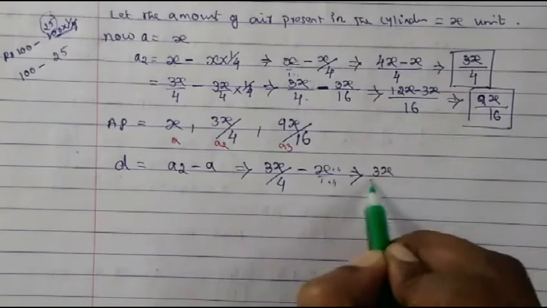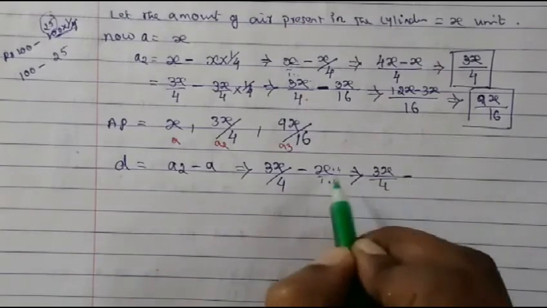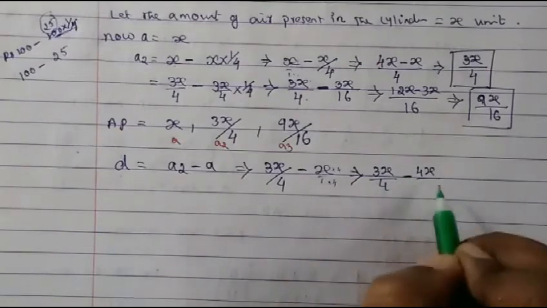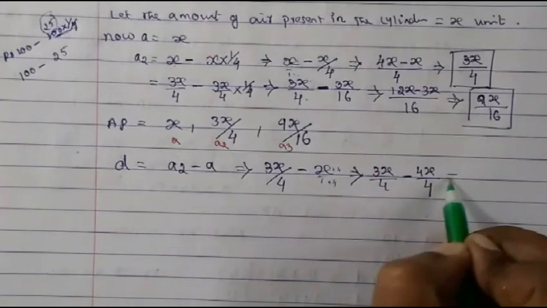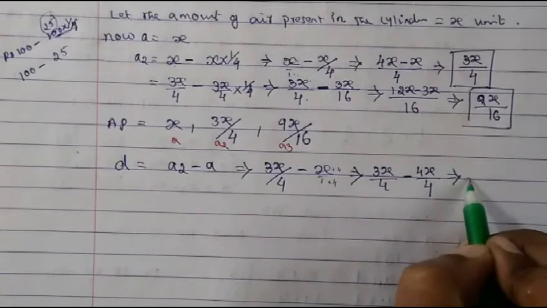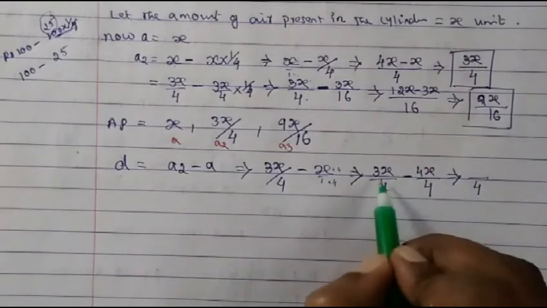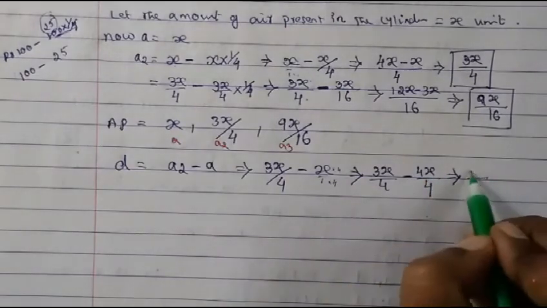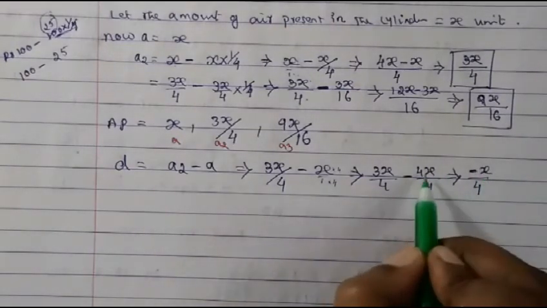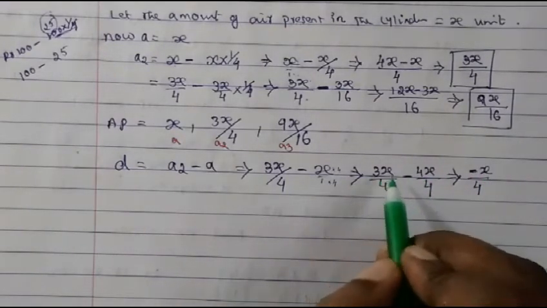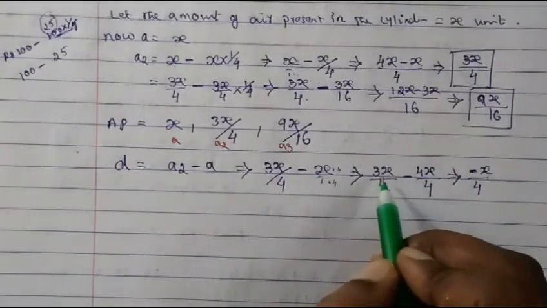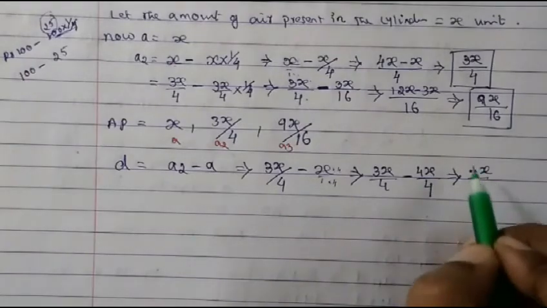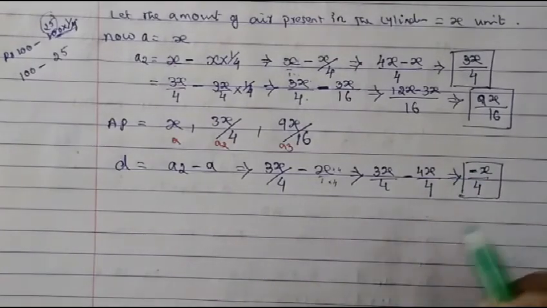Here we will have 3x by 4, and here 4x over 4. Now the denominator is 4, so we write 4. Then 3x minus 4x. The bigger number is 4x, so we will get minus x. So we get minus x upon 4.